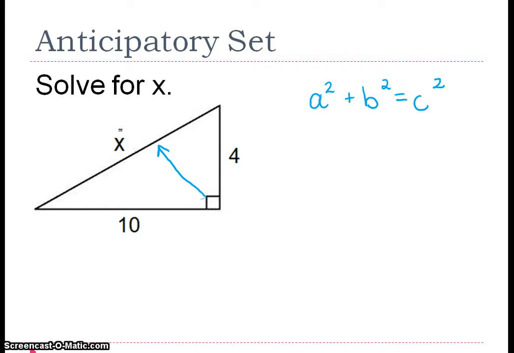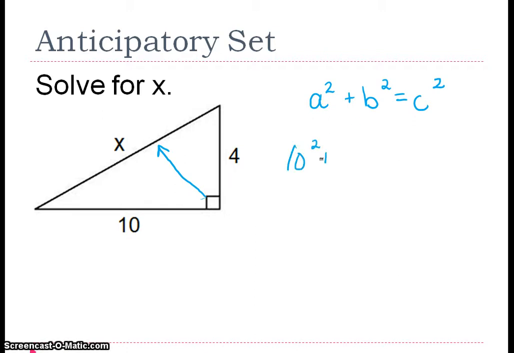So if I wanted to solve for x here, I could take these values and plug them into the Pythagorean theorem, a squared plus b squared equals c squared. So the 10 and the 4, it does not matter which order I plug them in. So I could just take 10 and plug it in for a, and 4 and plug it in for b.